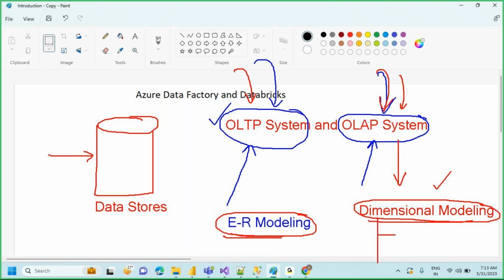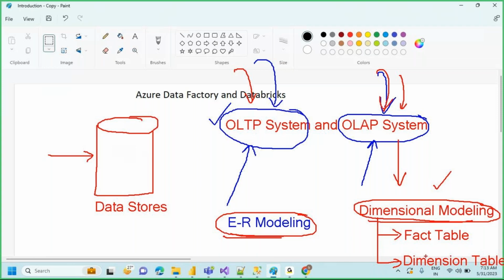In dimensional modeling, you will have two different sets of tables, a fact table and a dimension table. We need to load the data into the fact tables and dimension tables by using data factory.